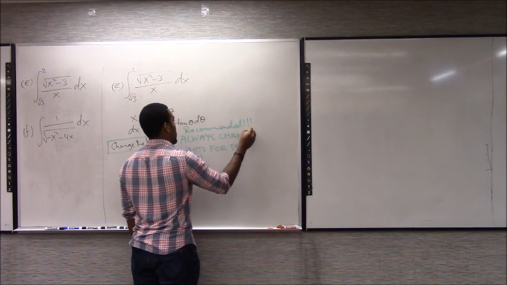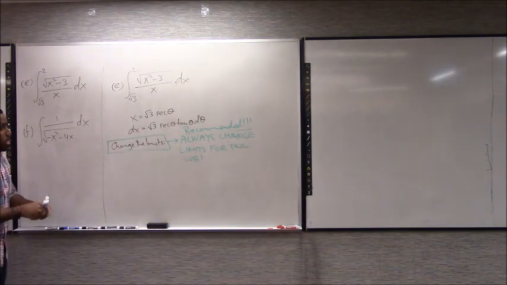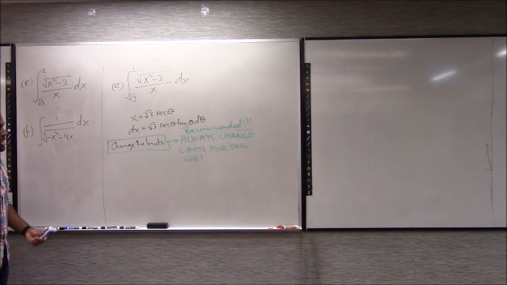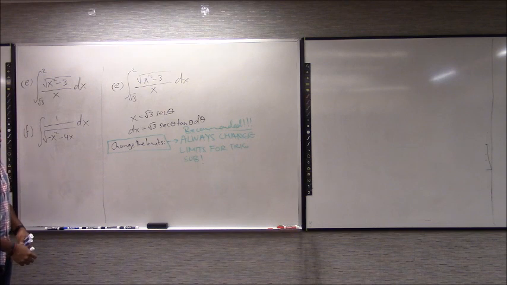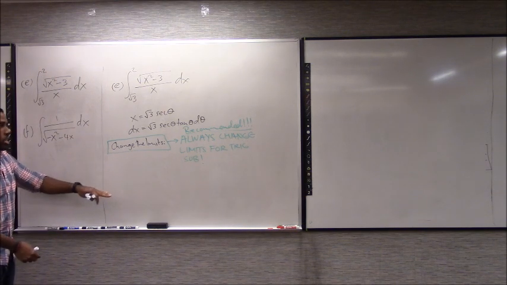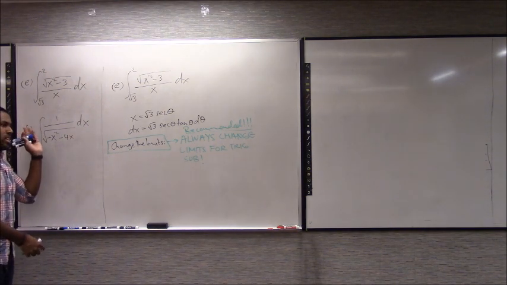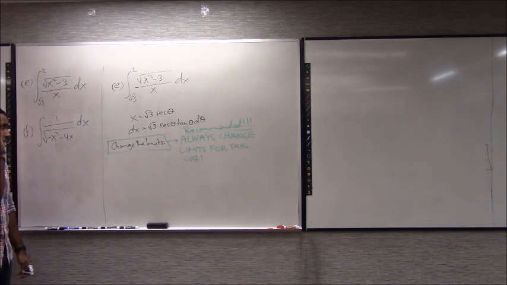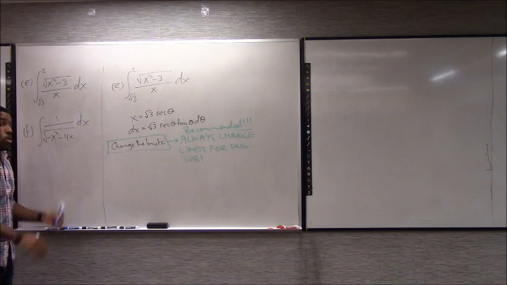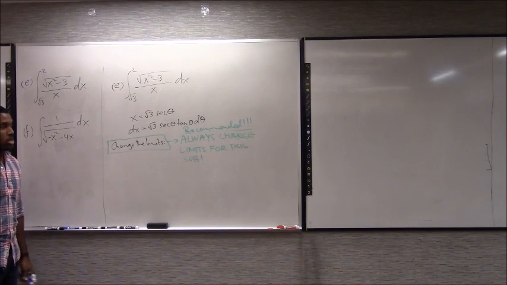Because once you change the limits, what that does is it saves you from having to do the back substitution part. Remember, when we get our answer in theta, to get the answer back into x, we have to draw a whole triangle, and we might have to do all kinds of things. You can avoid all of that by just changing the limits right up front.